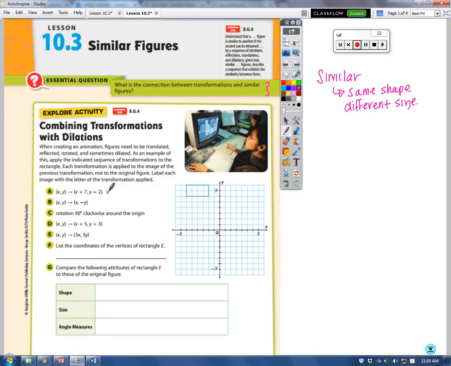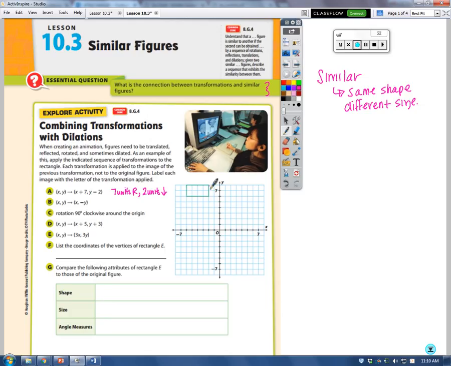So our first transformation that we are looking at is a translation of 7 units right and 2 units down. Okay, and we can see that because that's what that algebraic expression shows us. So we're going to take this rectangle right here.